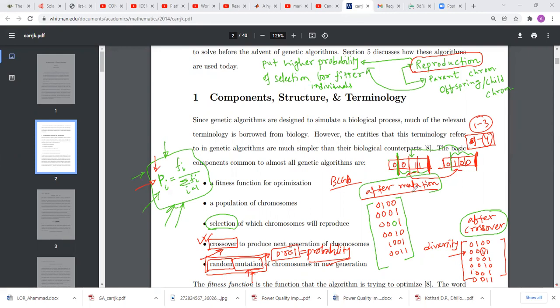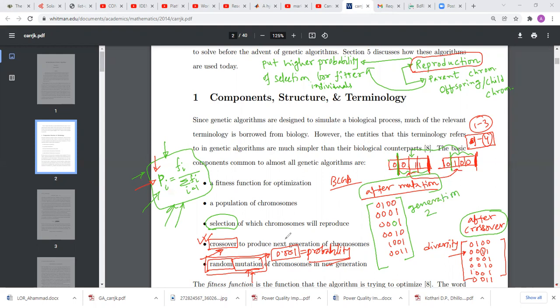Then after you mutate, you get generation 2, the next generation population, and you recalculate the fitness, recalculate the probability, redo the selection, the crossover, the mutation, and the loop will continue until you fulfill the stopping criteria or until you reach convergence.